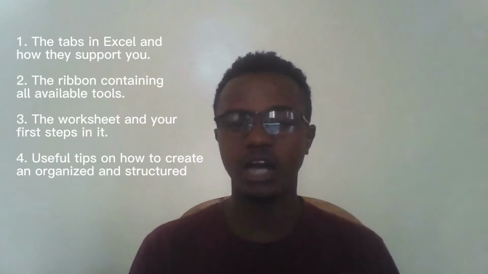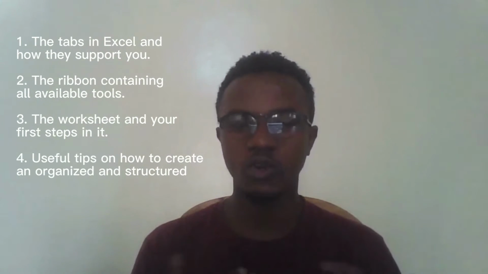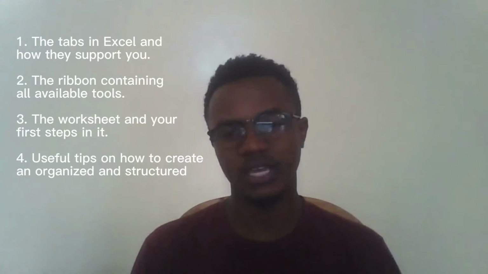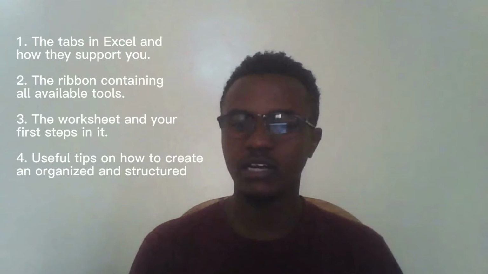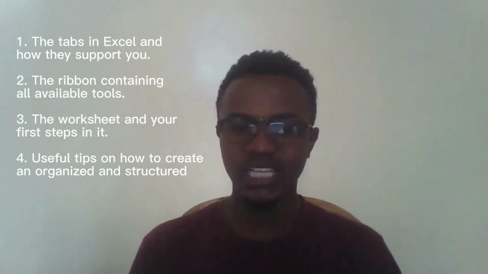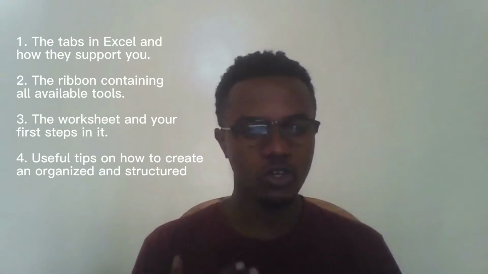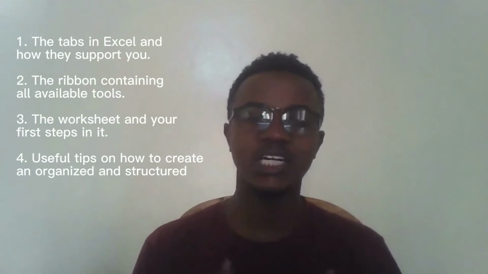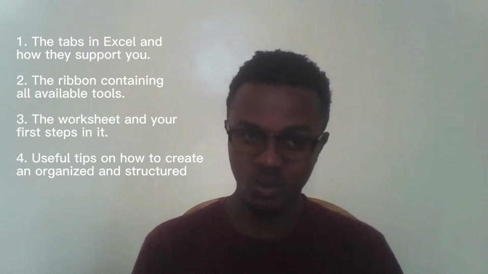Number 3 will be about the worksheet and your first steps in it. Now you get to learn about how to add, delete, hide, and freeze a column or a row. Last but not least, I'll give you useful tips on how to create an organized and structured table that all of your supervisors will be satisfied with.